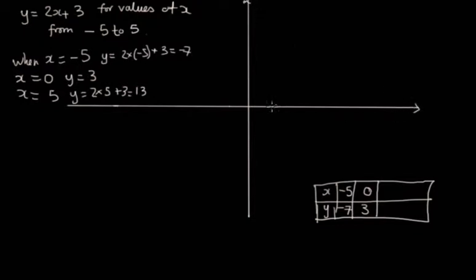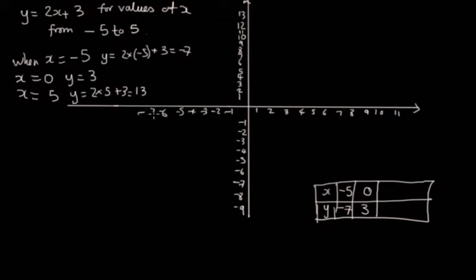So we've got 1, 2, 3, 4, 5, 6, 7, 8, 9, 10, 11, 12, 13 going up, and now negative y 1, 2, 3, 4, 5, 6, 7, 8, minus 9, and then negative x 1, 2, 3, 4, 5, 6, 7, 8.